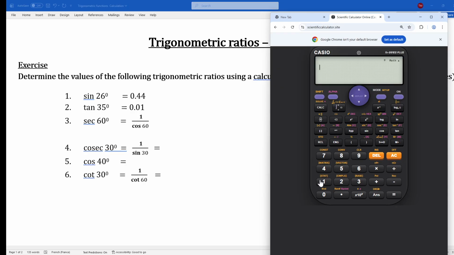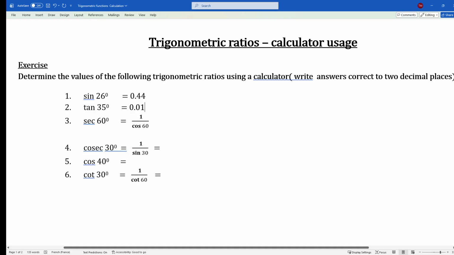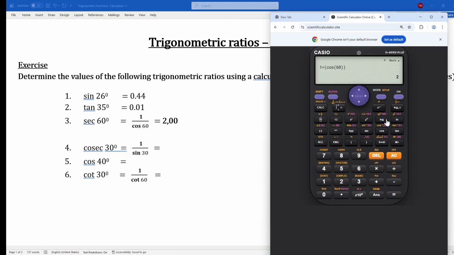It will be 1 divided by the cosine of 60 degrees, and that will yield to us a 2. So we are asked to do two decimal places, it will become 2,00.